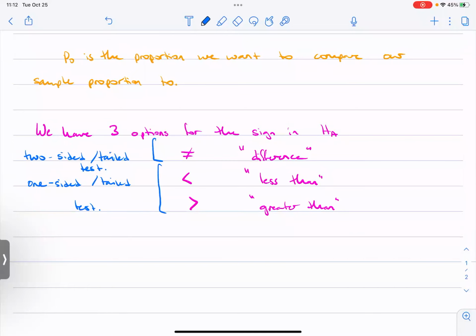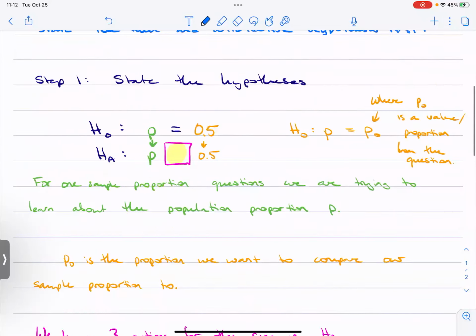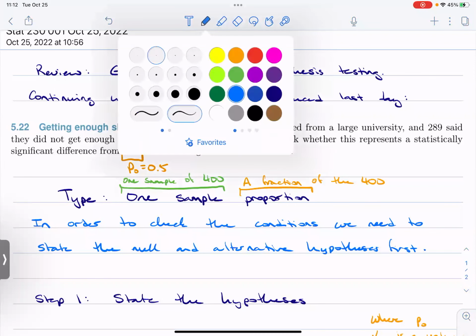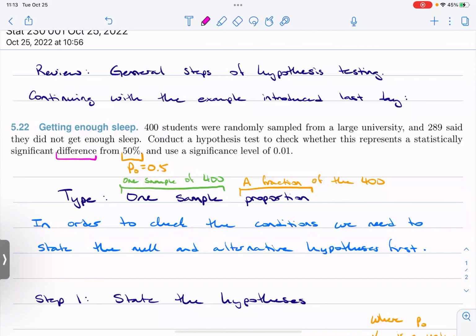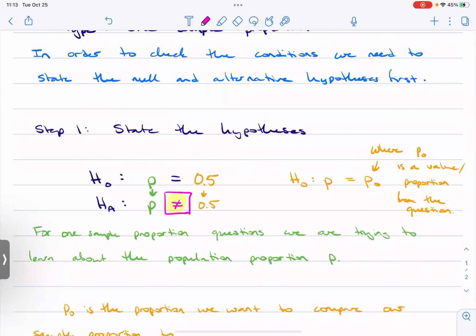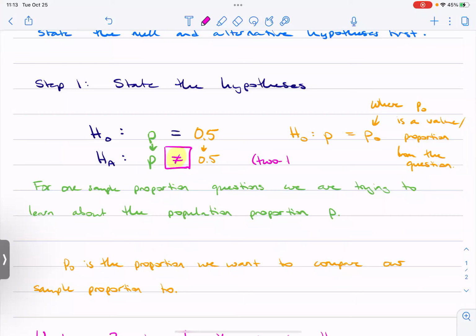So for our question, we want to know if there's a statistically significant difference from 50%. So this means that my alternative is that P is not equal to 0.5, which means that I have a two-tailed test, which I'll usually jot down here, two-tailed test.